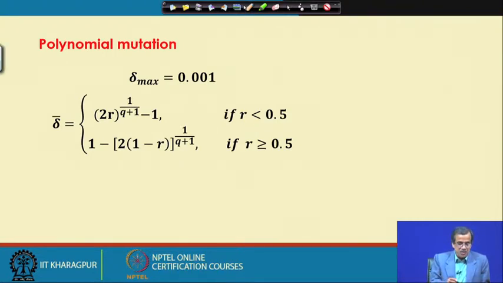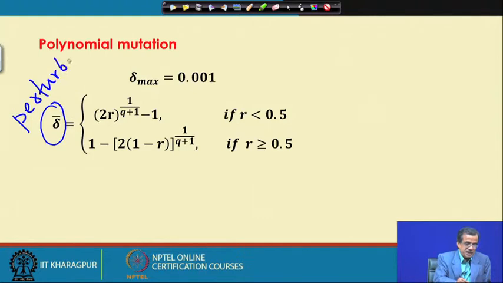Here we will have to find out this delta bar, that is nothing but the perturbation factor. Perturbation is nothing but the dissimilarity.